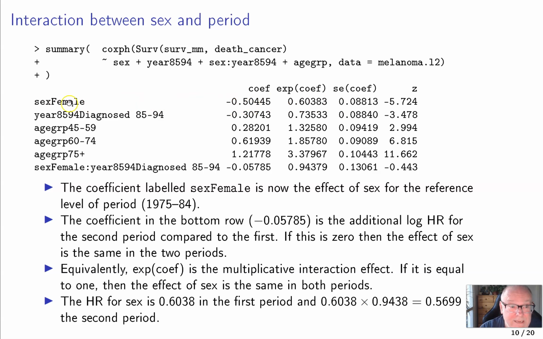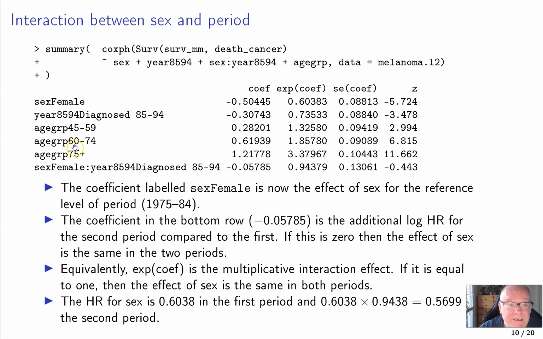This row looks exactly the same as for the main effects model, but this hazard ratio here is no longer the effect of sex, which is assumed to be constant across all other values. This is now the effect of sex, but just for the reference level of period.